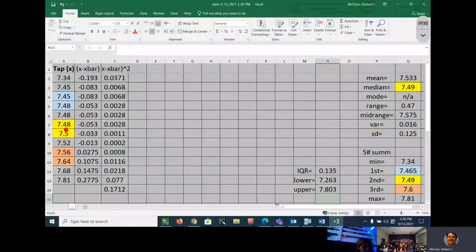I'm going to do the empirical rule right here. Mean is in front. And what do we add to the mean on the right side? Standard deviation, Hubert.